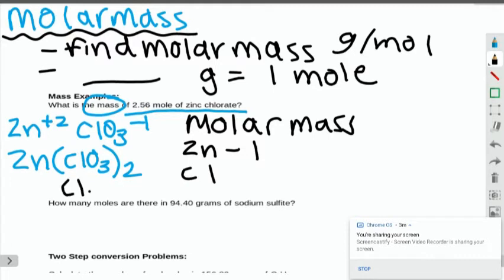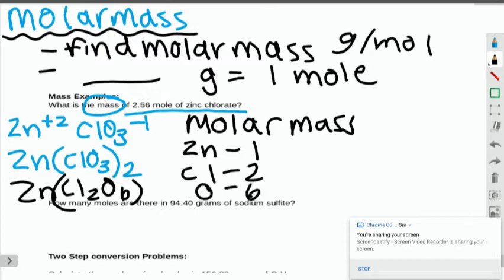If you distribute that 2, we will have 2 chlorines. And if you distribute that 2 to the 3 oxygens, we will have 6 oxygens. So now in these parentheses, you will go to your periodic table, look for zinc, chlorine, and oxygen, and put their masses in the appropriate parentheses.